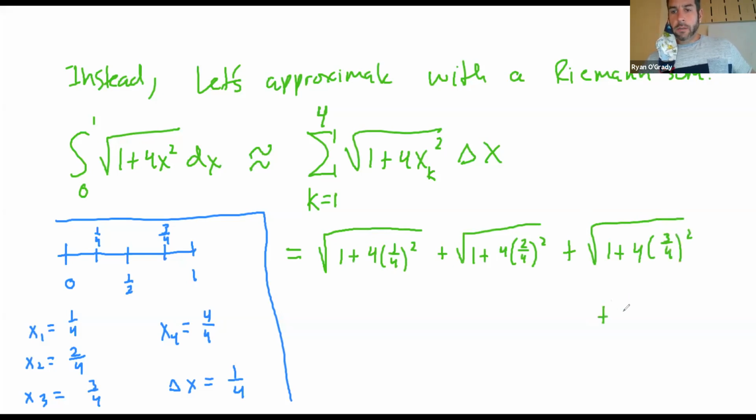And then the last one is the square root of 1 plus 4 times 4/4 squared. Every one of these has a delta x, so I'm going to factor that out and put it at the end.